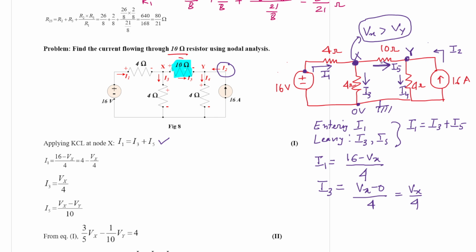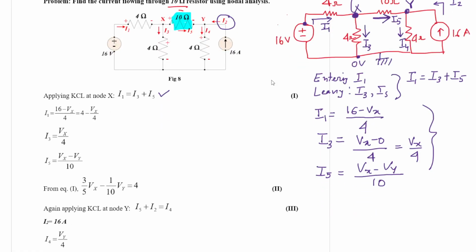So we can write I5 equal to the potential difference Vx minus Vy, divided by 10. So we have these three relations. Now we can write the KCL equation. I1 is equal to (16 minus Vx) by 4, I3 is equal to Vx by 4, and I5 is equal to (Vx minus Vy) by 10.